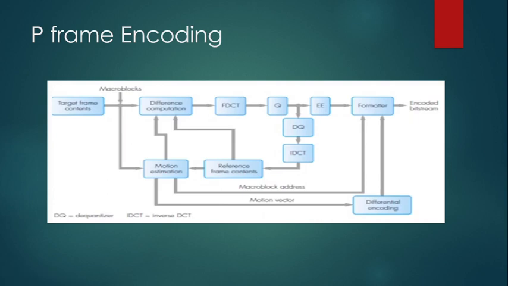So there is a compression occurred. So we have compared our target frame and the reference frame. Okay, and this is done basically to compare both of the frame contents in pixel value. We should do inverse quantization and IDCT, and then we compute the difference, and now the motion vector and the macro block address alone are transmitted as an encoded bit stream. This is how P frame encoding is being done.